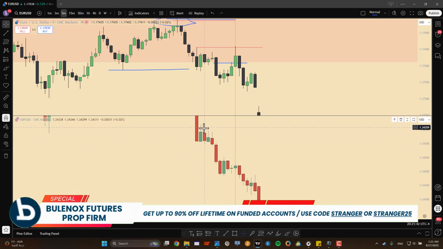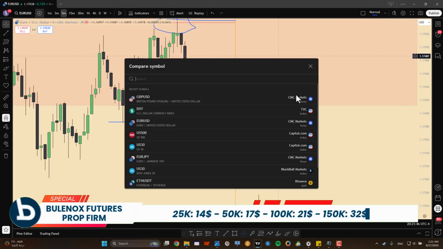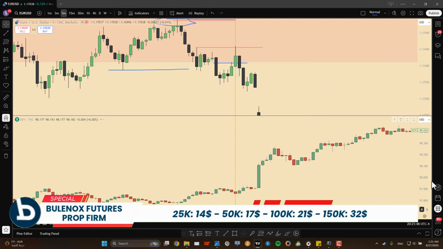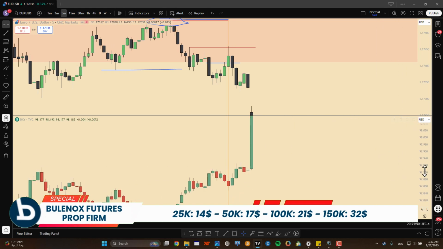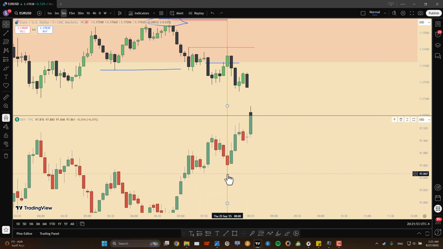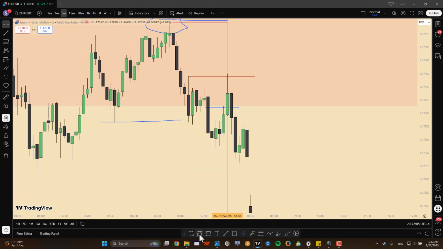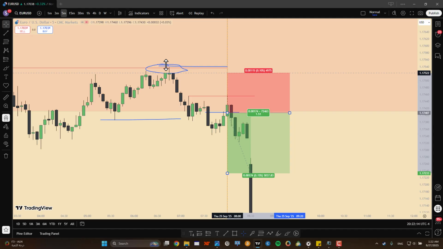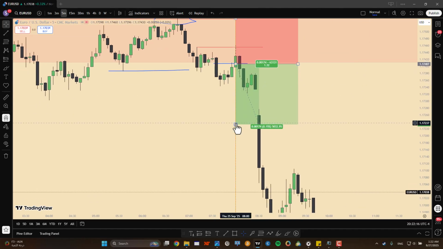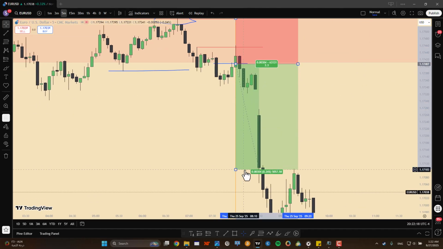GU couldn't make that new high. And DXY, do we have something? Yeah, so even DXY couldn't take the high from here. So the entry was from here, stop loss here, and I took my TP somewhere around here.